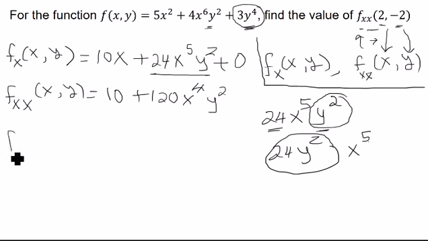So this subscript notation, xx, is going to stay back, but the arguments are going to change into 2 and -2, and that's going to be 10, which is independent of x and y, so it'll stay back, plus 120, and then x is going to become 2.